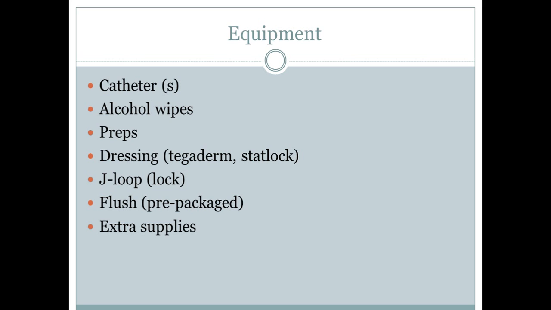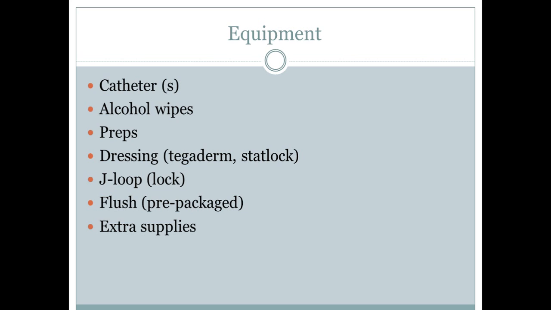Your preps, whether it be a skin prep, if you have a stat lock, the package already comes with a skin prep. Your dressing, some places may have an IV start kit that includes it. You might have your Tegaderm, and almost like the chucks that you can put down as a barrier, in case any blood drips on the bed, that protects it.